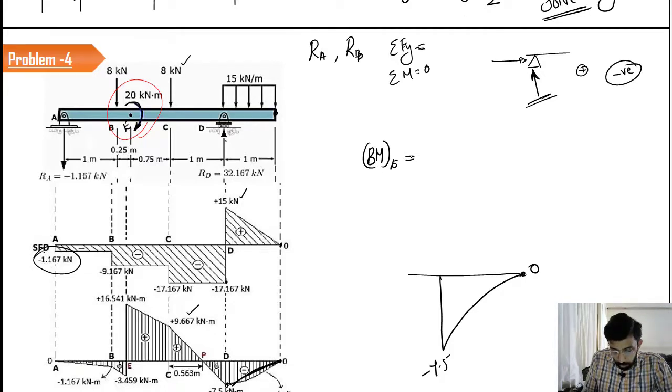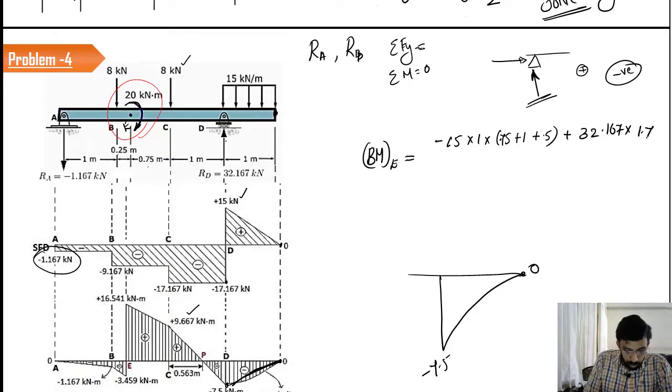So let us have two values. What is the value? Bending moment at E is equal to how much? 15 into 1 into the total distance, which is 0.75 plus 1 plus 0.5. Now that is going to create a negative sagging effect again, plus 32.167 into 1.75.